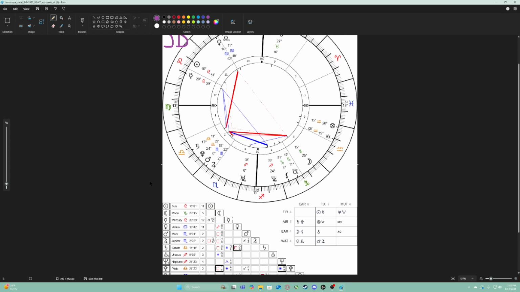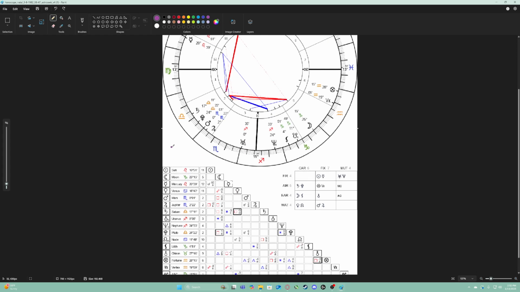But from my experience and how I look at it, conjunctions are the strongest one you're gonna get for all aspects. After that will come squares. Squares are second strongest in terms of the actual energy you're gonna be feeling. Oppositions come next, then trines, then, I messed that up, then sextiles, right?